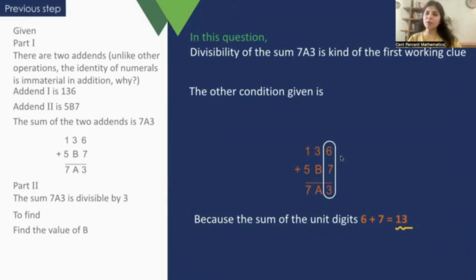When we visualize the number 13, there are 3 packets of 1 and 1 ten. So when we're adding the units, we'll just have a 3 here. The other 1 ten would be carried over to the tens place. So 1 is a carryover at the tens place.